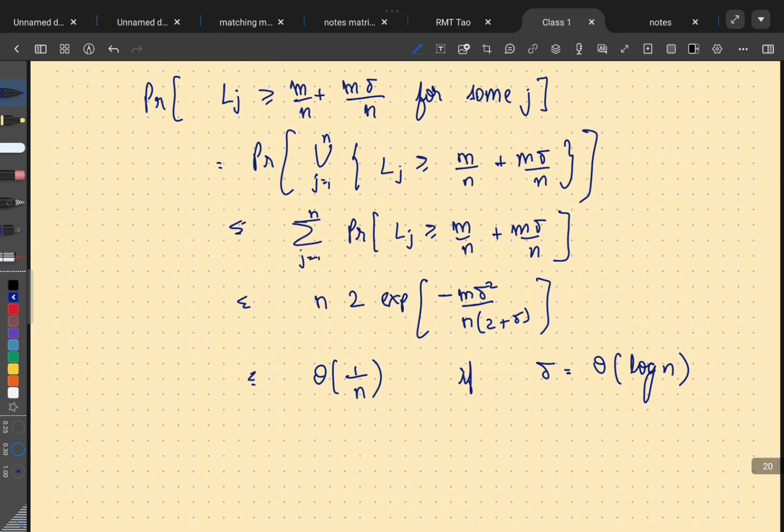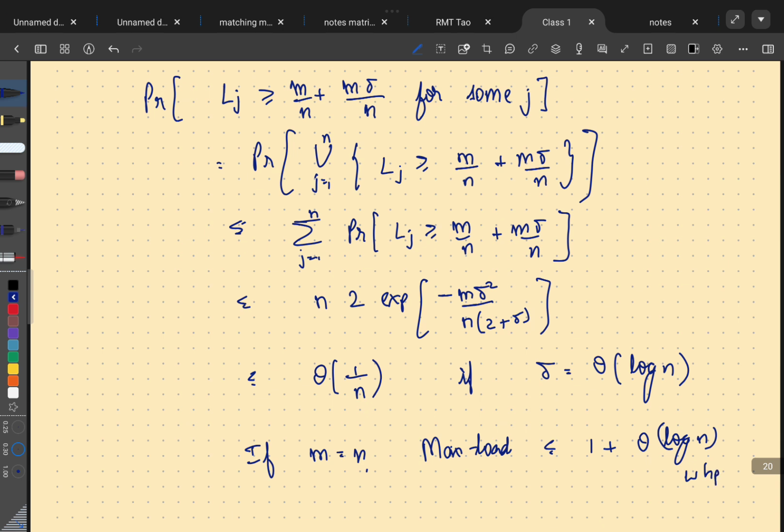It's an easy exercise to see this. So basically what this is saying is that with high probability, the maximum load on any server is going to be, let's take m equal to n, less than or equal to 1 plus something times log n with high probability.